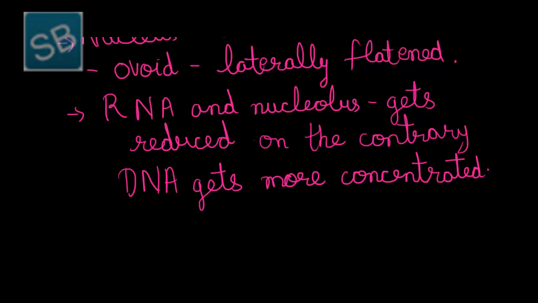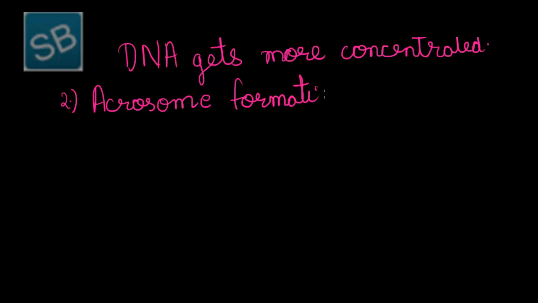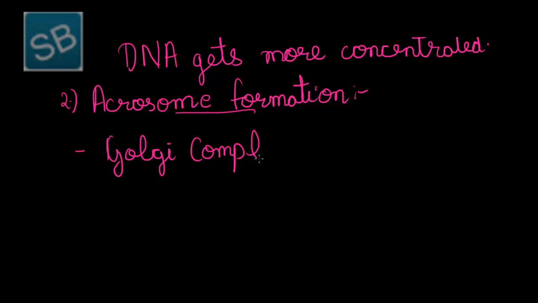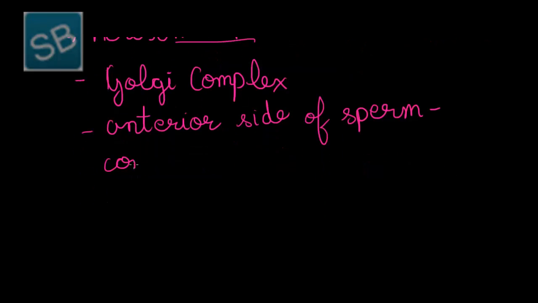Following it occurs the second, that is acrosome formation. In this, the acrosome is made up of Golgi complex, which occurs at the anterior side of the sperm, which mainly contains the hyaluronidase enzyme.